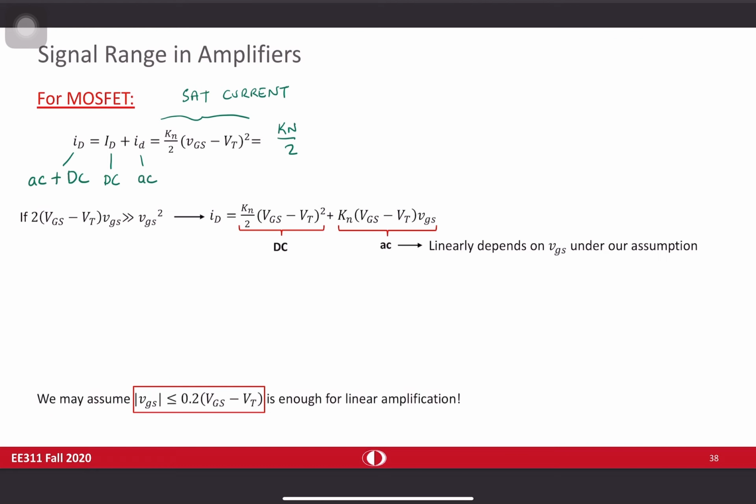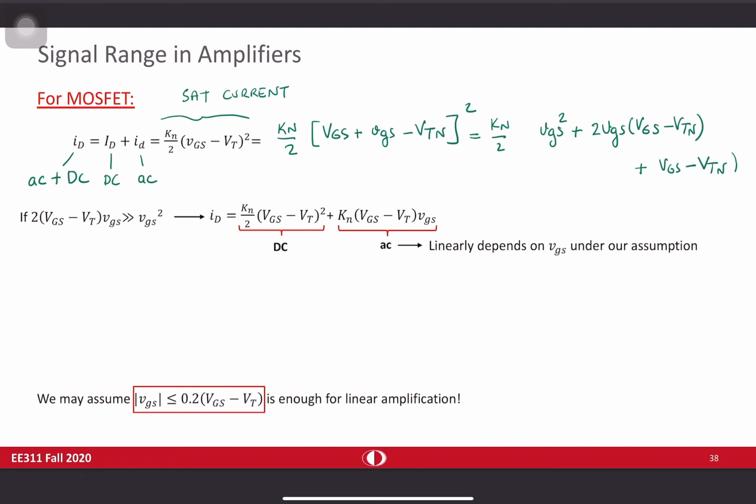Kn divided by 2 times VGS, the DC term, plus vgs, the AC term, minus VTN, squared, which is, in fact, if you separate it, you can write the same thing as Kn divided by 2 times VGS minus VTN squared, plus 2 (VGS minus VTN) times vgs, plus vgs squared.